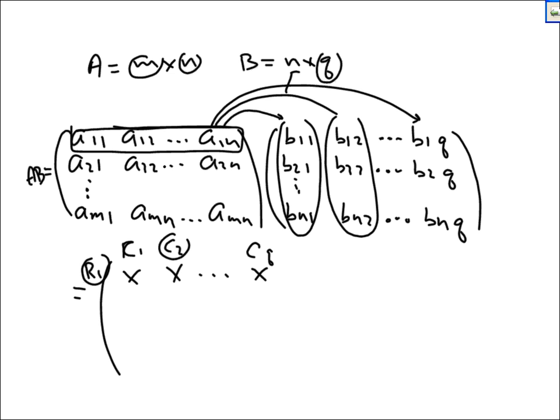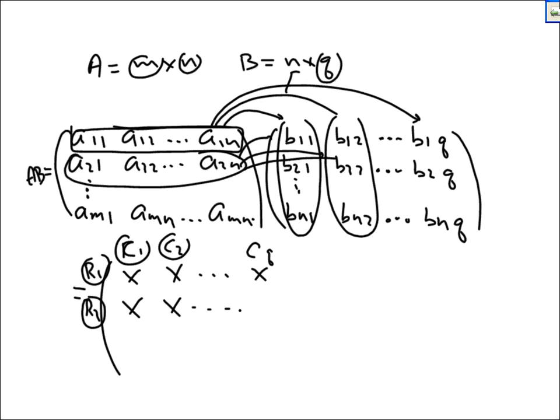And then I'll go on to row 2. I'll dot row 2 with column 1. That goes right there. Row 2, column 1. And then I'll dot row 2 with column 2. It goes there, etc. Then eventually I'll get to there. I'll dot row 2 with column Q. That brings me there.